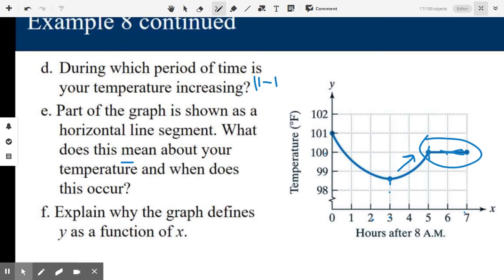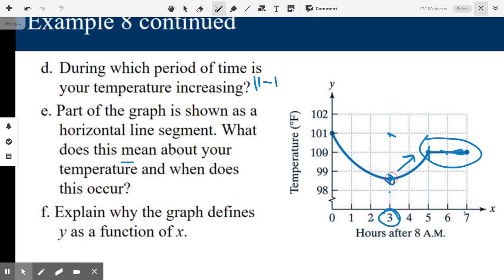And this sort of helps explain what a function is too. Let's say this is at 8, 9, 10, at 11 a.m., you took your temperature. Is there any way you can have two different temperatures at 11 a.m.? If I take your temperature, it's not going to register both 98.6 and 101.